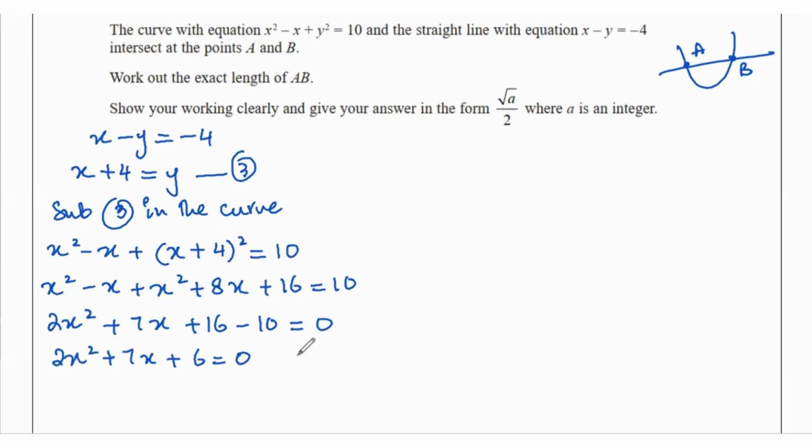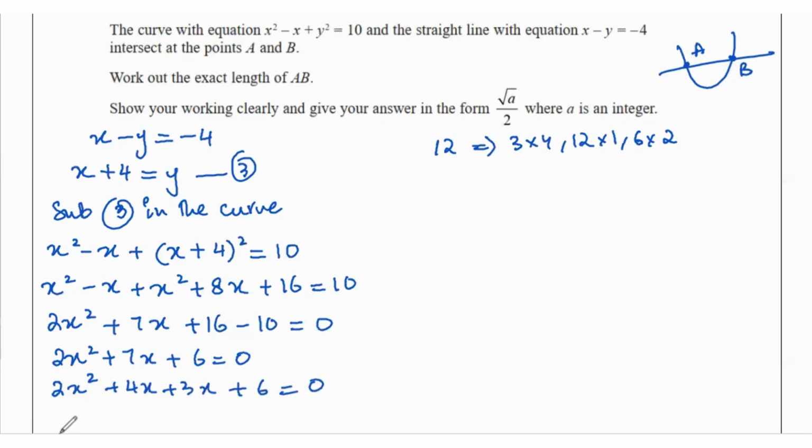Now we have to factorize this quadratic equation. If we use splitting the middle term, 2 times 6 is 12. Factors of 12 are 3 and 4, 12 and 1, and 6 and 2. We know 3 plus 4 is 7, so we can replace 7x with 4x plus 3x, and everything else stays as it is. Now factor by grouping.